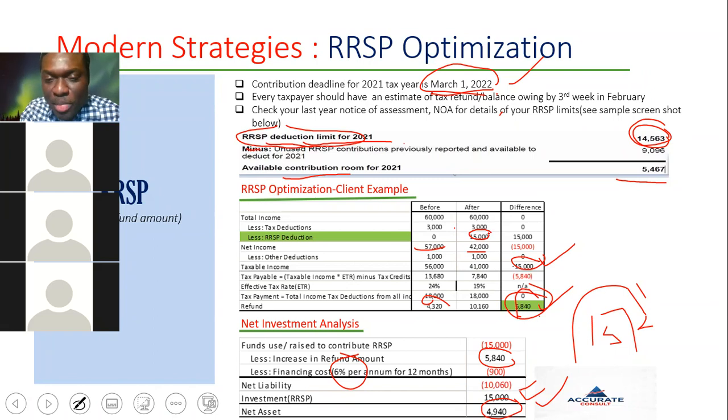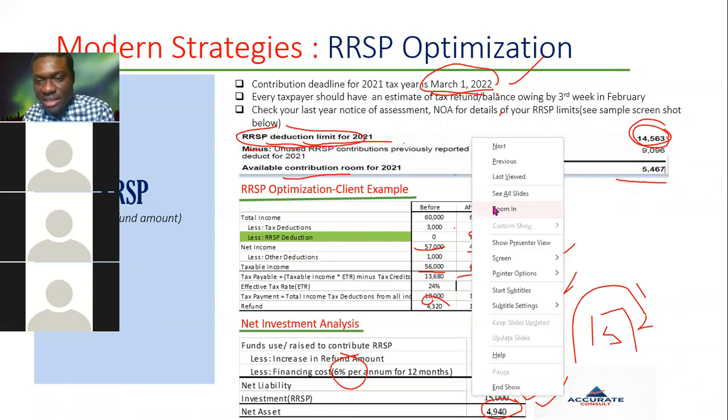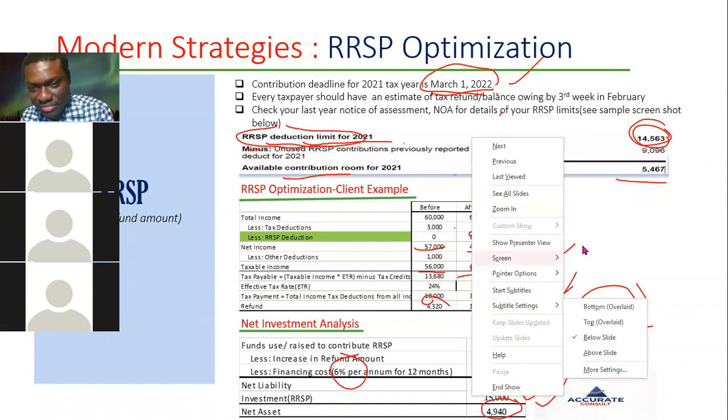So the RSP contribution of 15K reduced the net income from 57 to 42K, and effectively reduced your taxable income from 56K to what? 41K, and your taxes will be calculated on this. That's why there's an increment in the refund amount. Okay, that makes sense.